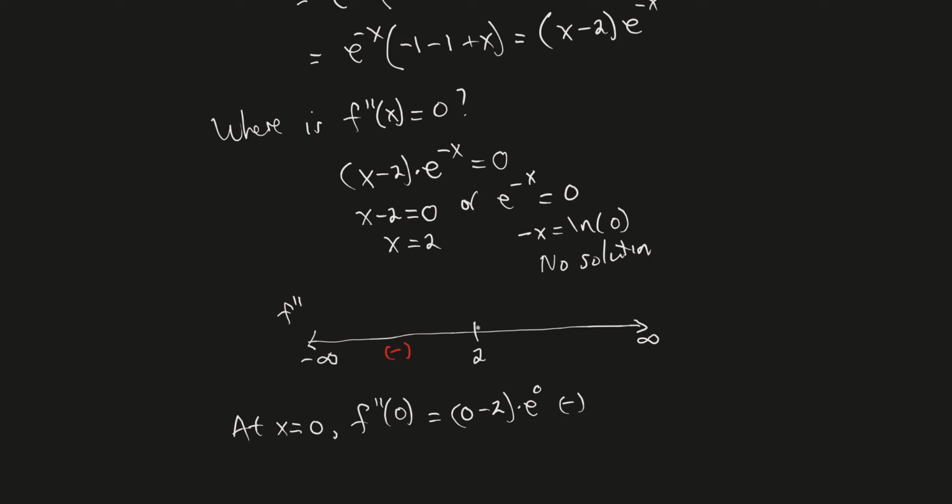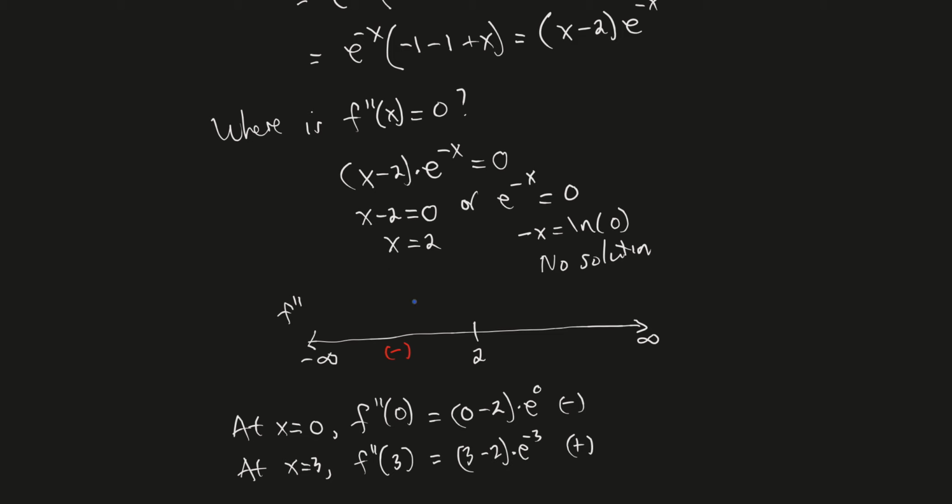What about between 2 and positive infinity? Well, pick any number that's greater than 2. Let's say we pick x equals 3, then f double prime of 3 is equal to 3 minus 2 times e to the negative 3 power. This factor is positive, the e is positive, so the product is positive.